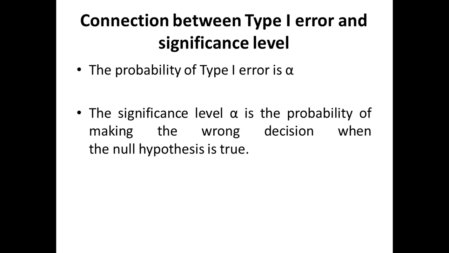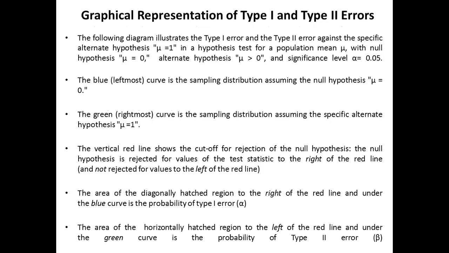Please note this: the significance level alpha is the probability of making the wrong decision when in actuality the null hypothesis is true, and that's what the type 1 error is about. So be careful with this. Type 1 error rate is alpha, and type 2 error rate is beta.